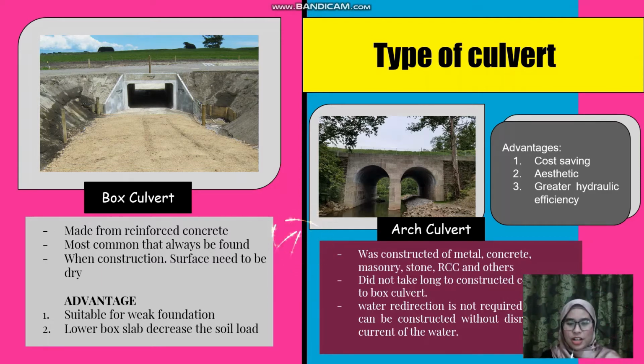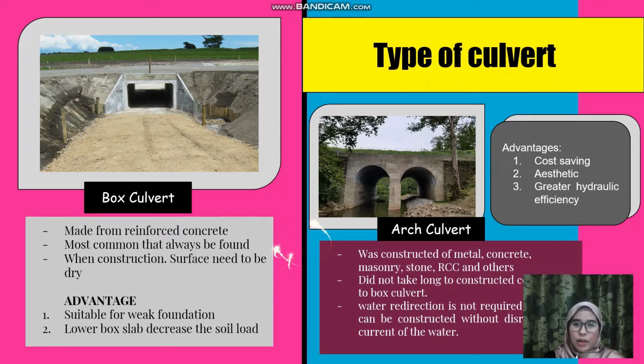When it is constructed, the surface of the culvert needs to be dry. There are two advantages why the box culvert is suitable and famous. First, it is suitable for wet foundations, and second, the lower board slab decreases the soil load.